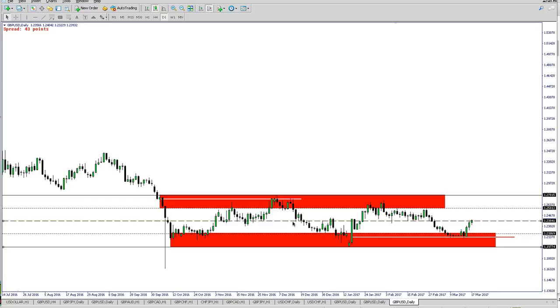If you get an elastic band and pull it away from the equilibrium, it'll bounce back to the center of equilibrium. As you can see, it came down away from it here, sprang back to it and hit equilibrium today. So it was a no-brainer trade for ICT students that we were trading up on Great Britain USD.